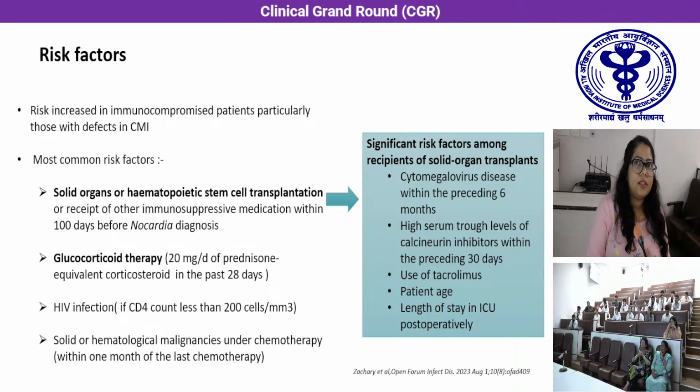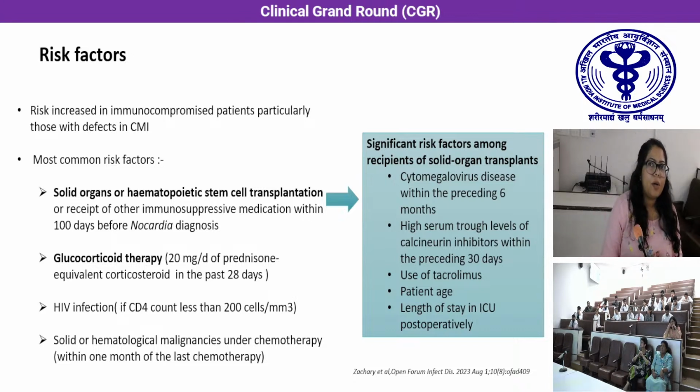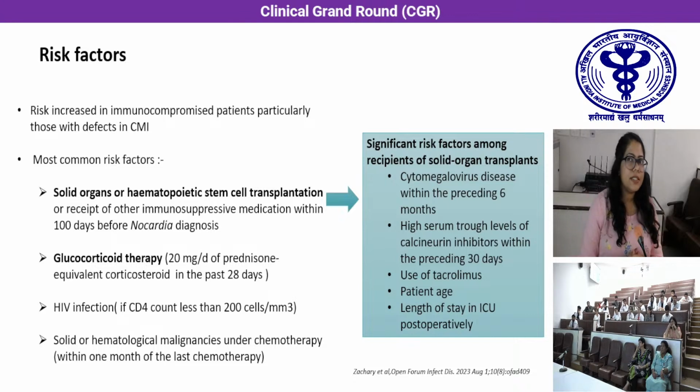So the risk factors for Nocardia: we have seen that immunocompromised patients, particularly patients with defects in cell-mediated immunity, are at higher risk. The most common risk factors include, firstly, patients with solid organ or hematopoietic stem cell transplantation, or those who have received immunosuppressive medication within 100 days of Nocardia diagnosis.